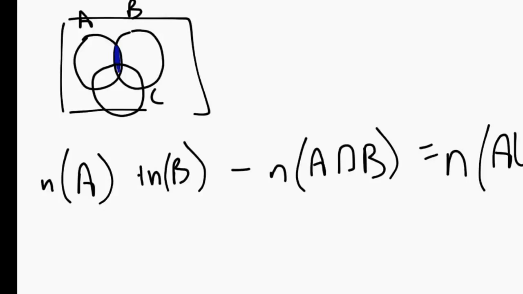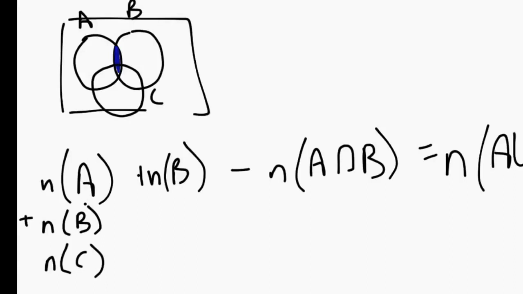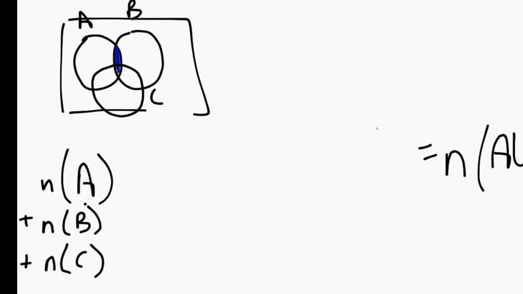We're going to have all of the A circle plus all of the B circle plus all of the C circle. So I'm going to rewrite this a little bit. We'll have NA plus NB plus NC. So we're going to have all of the three big circles. But now we're going to have to subtract the overlaps. Okay, so we're going to subtract, but now we get more than just one overlap.